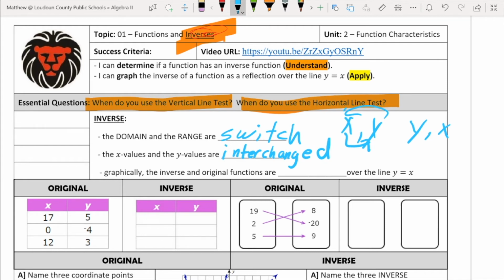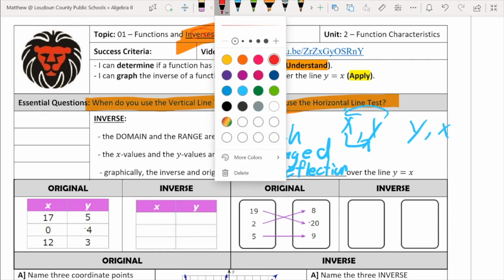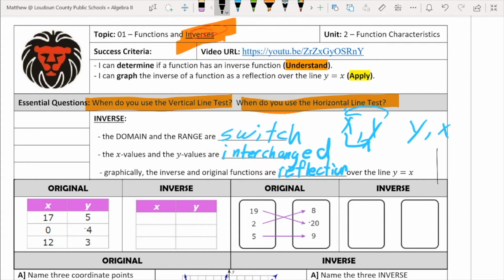Graphically, the inverse and original functions are reflections, like in a mirror, over the line y equals x. All right, in the line y equals x, I'm going to do a Picasso-esque drawing over here so you guys know. Look at this. This is just perfect art right here. Now, this is a dotted line.